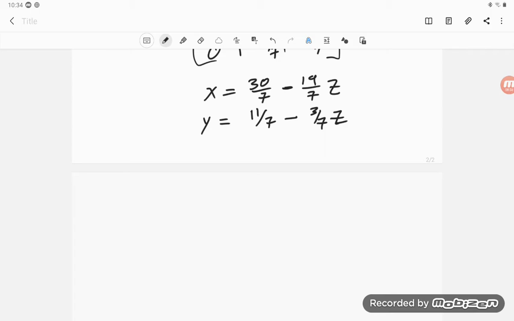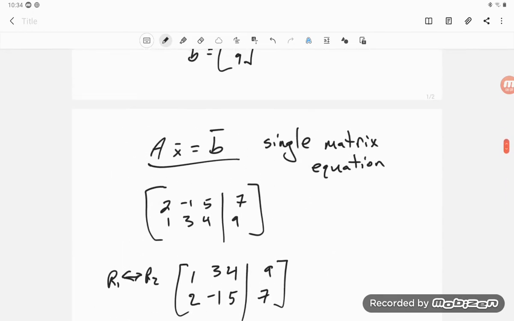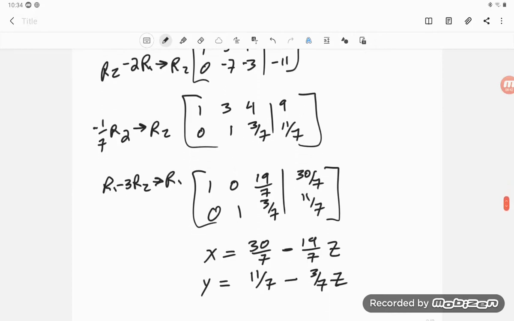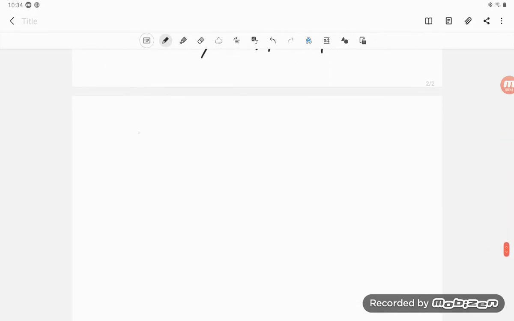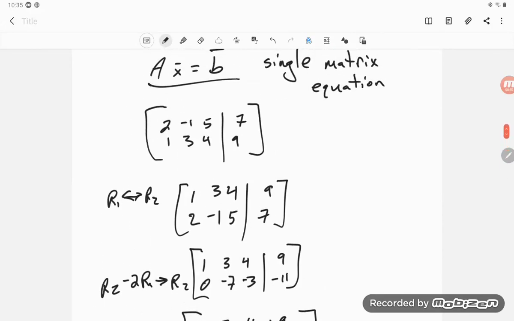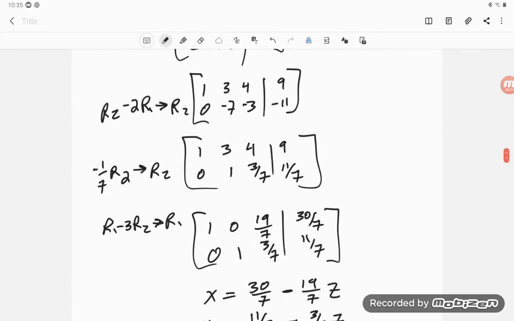Now, let me rewrite that problem again. Okay, so we had, probably making you dizzy here, 2x1 minus x2 plus 5x3 is equal to, what was the first one, 7? Right, originally, yeah, 7.